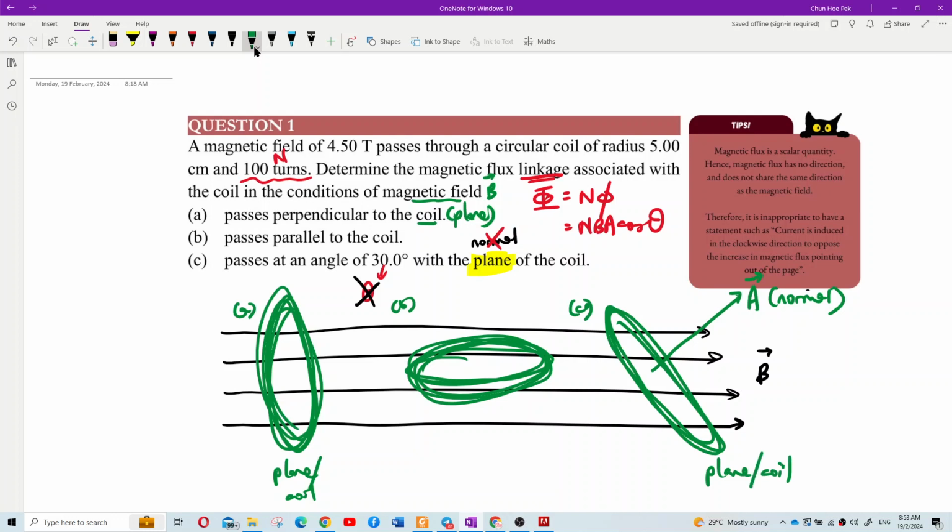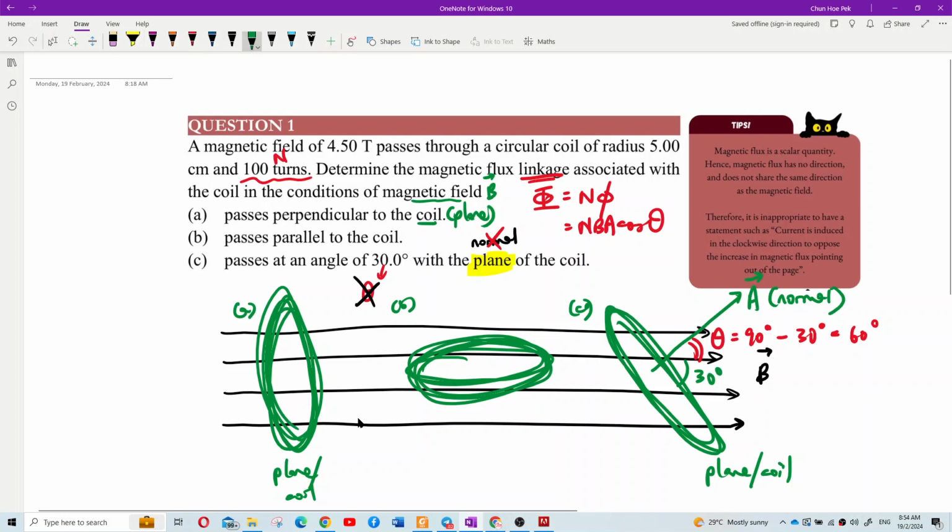The field and the plane is 30 degrees. So is this 30 degrees the theta? No. Theta must be between the normal and the magnetic field, not the plane with the magnetic field. So actually it should be this angle. This is the theta. So it should take 90 degrees minus 30 degrees, so the theta actually is 60 degrees instead of 30.